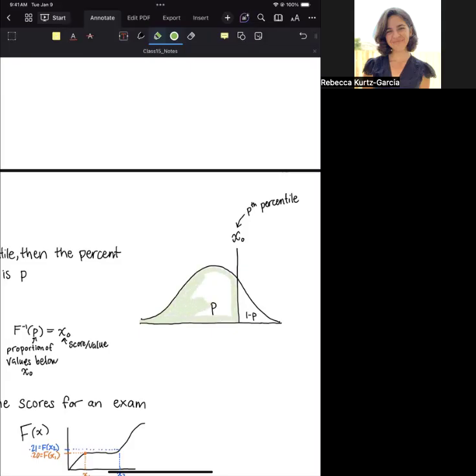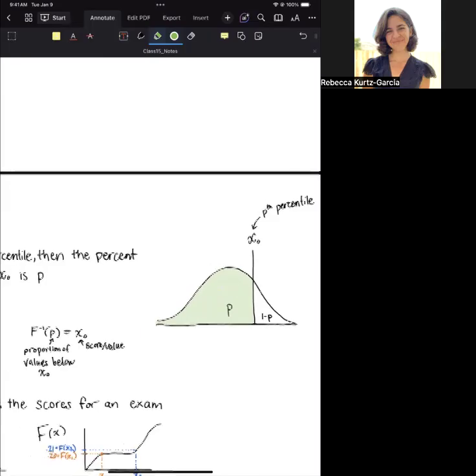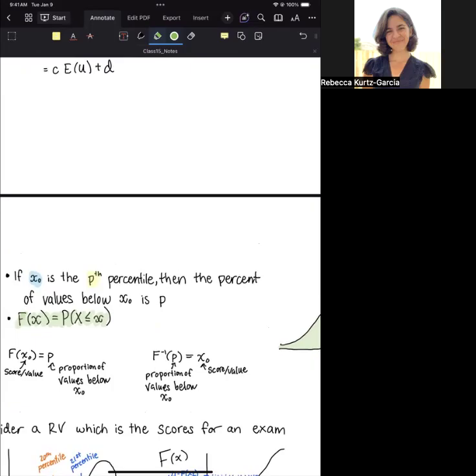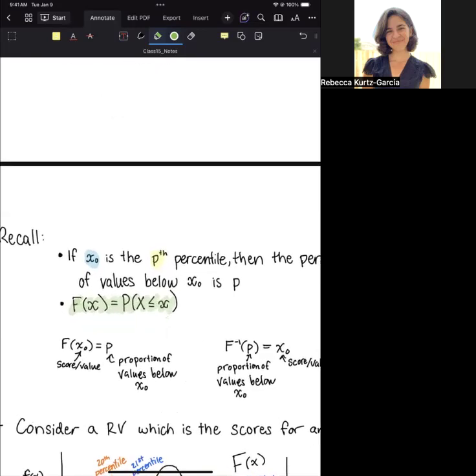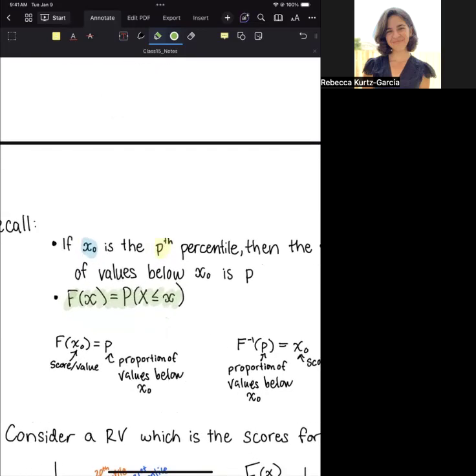Now, I'm being a little bit lazy or imprecise with my wording here because I am switching between percents and percentiles a bit interchangeably, and I'm saying that p is both a proportion and a percent, which is actually not true. But I'm hoping you can forgive that switching back and forth, and hopefully that's not too confusing. I'm saying pth percentile, but we will typically think of proportions instead.